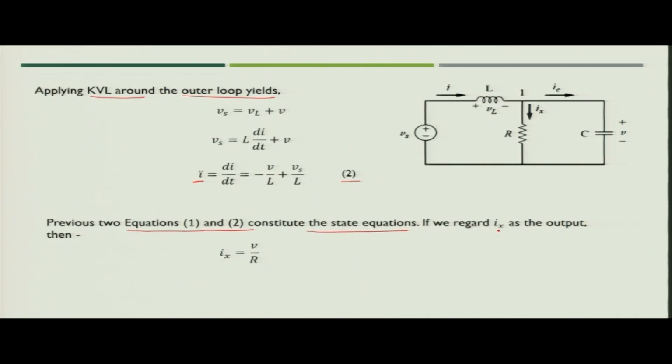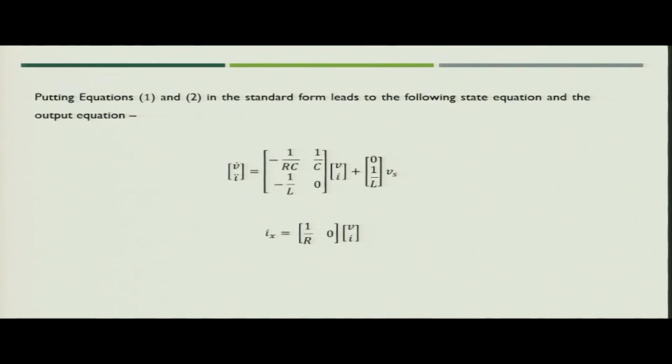Now, if we take Ix as an output, then Ix, as we have just seen, is nothing but V by R. So, if you compile these equations, that is 1 and 2, in the standard form, we get the following state equation.